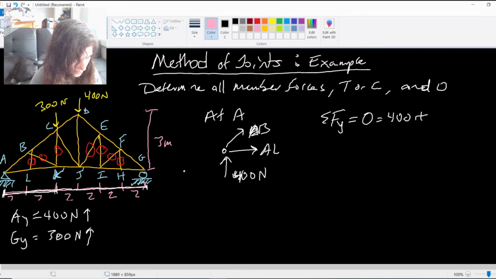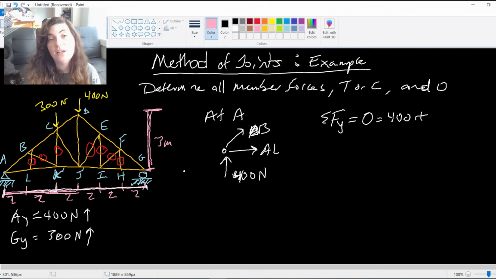But we see that we have this 3 meter height on the side, and that every increment here is 2 meters. So in this triangle, I have 6 meters along the bottom, 3 meters up. So here I have a triangle that is a 1, 2, square root 5 triangle.